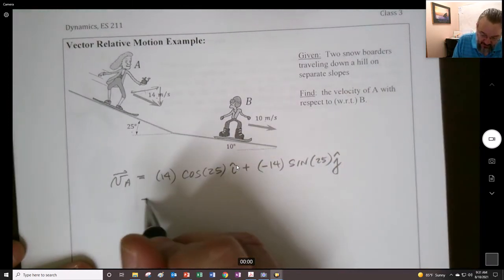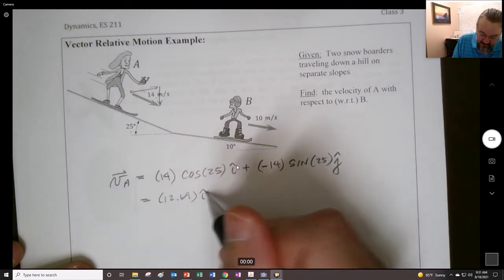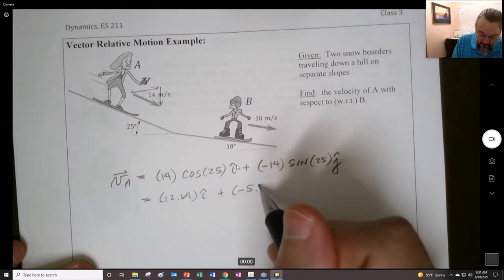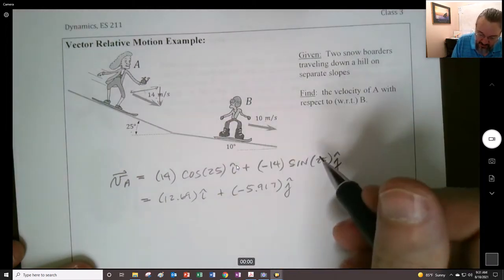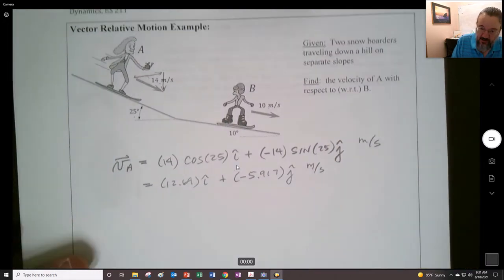And if you were to do that, you would get 12.69 i plus negative 5.917 j. You can put the units back onto the end of those, right?